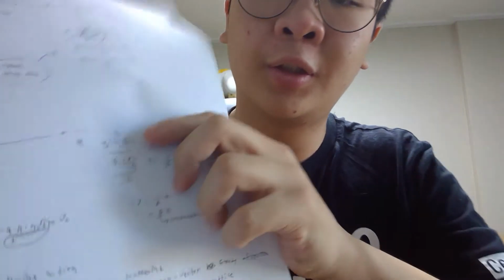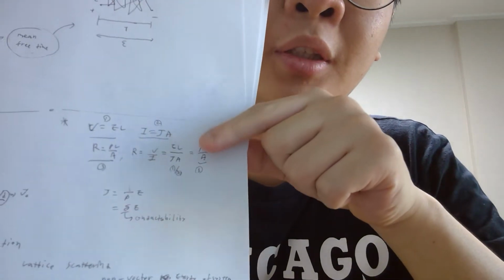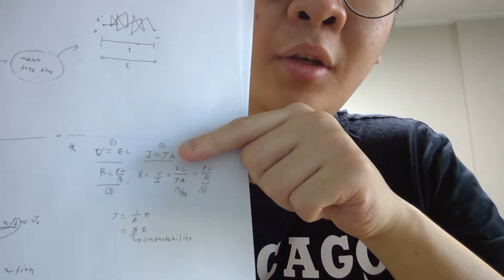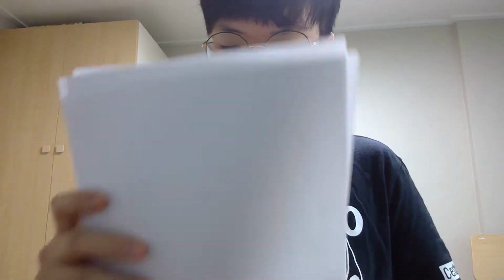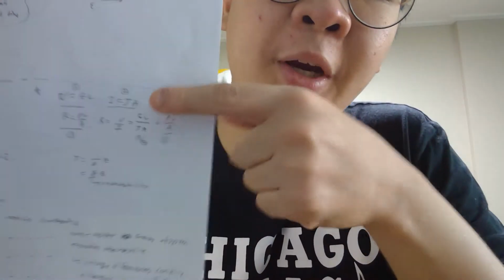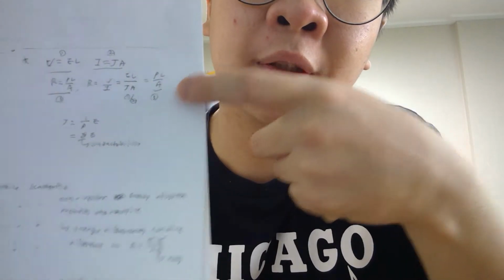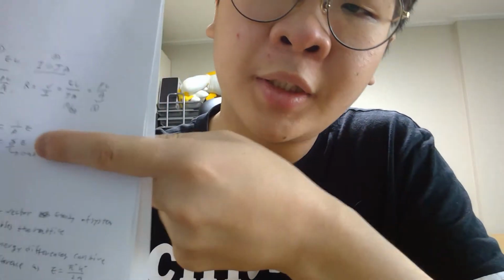Now we're going to some mathematics, the definitions of electrical potential, current flow and resistance. So combining those three equations, we can know about this current density.